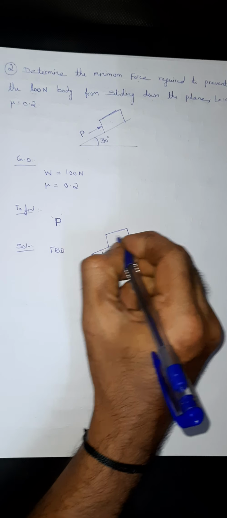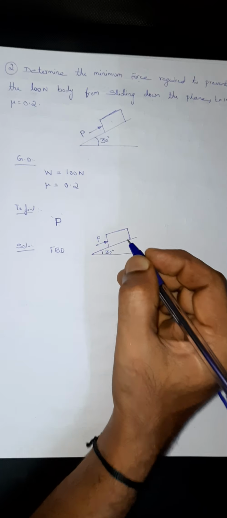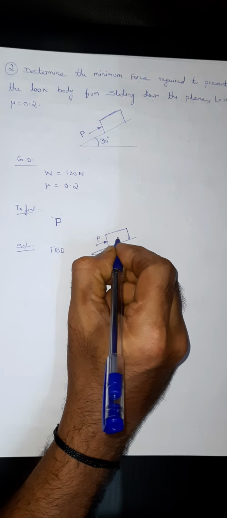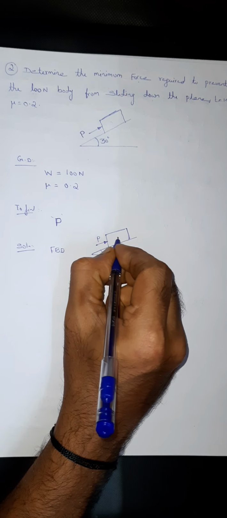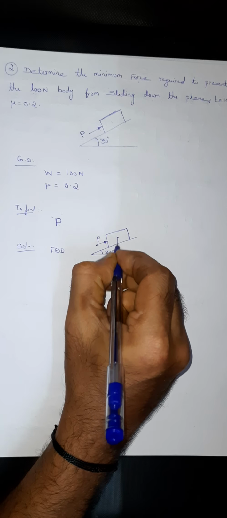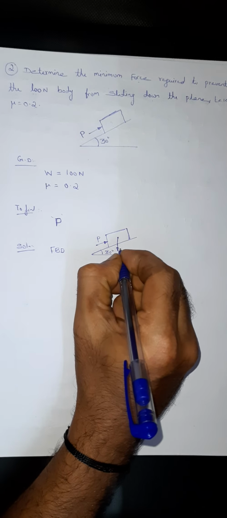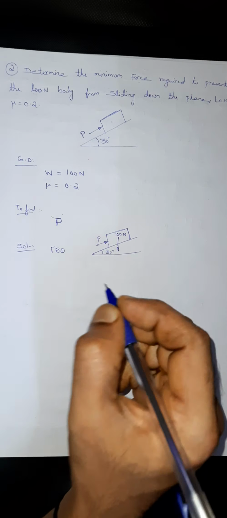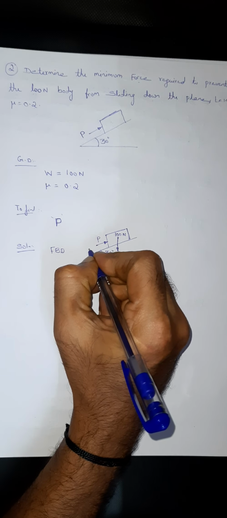This is the object and this is the P. As you know, the weight always acts vertically downwards. The magnitude is 100 Newton. Right.